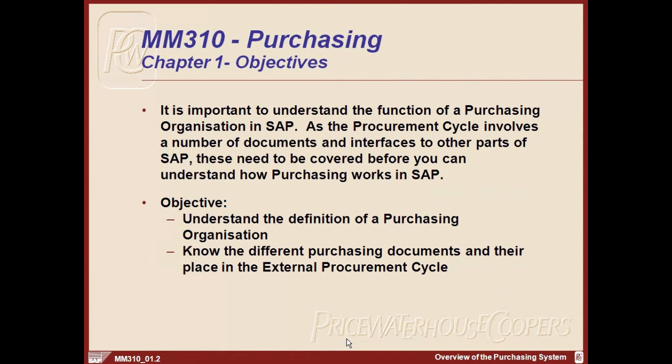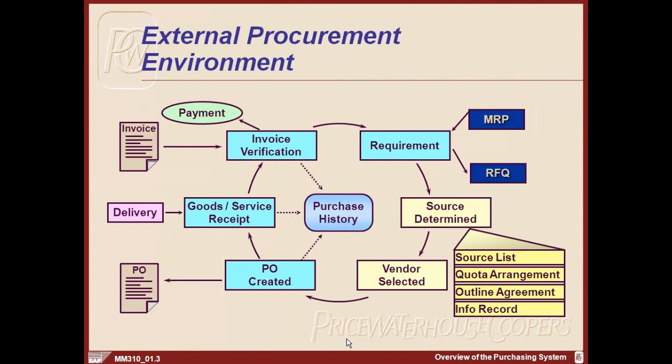So you have to understand the functionality of the purchasing organization, aka the purchasing department, and what the procurement cycle involves. You have to understand what the procurement cycle is, what documents are associated with it, and which parts of SAP interact with which other parts.